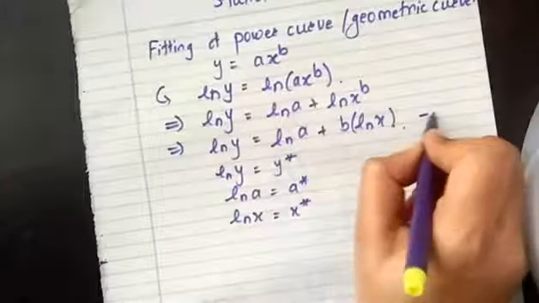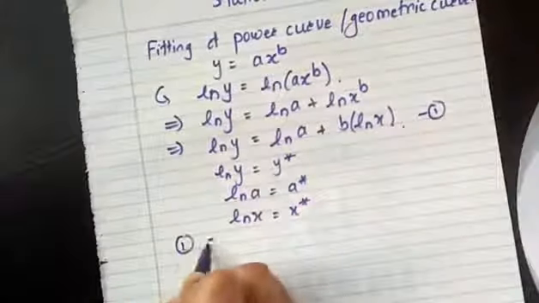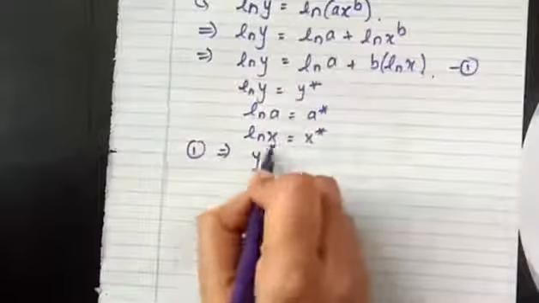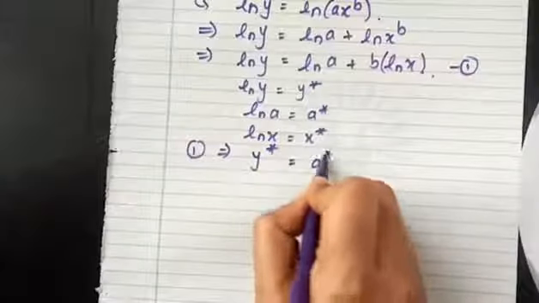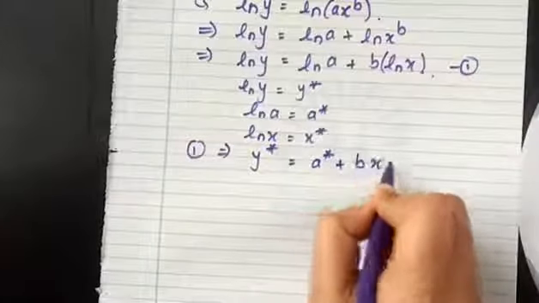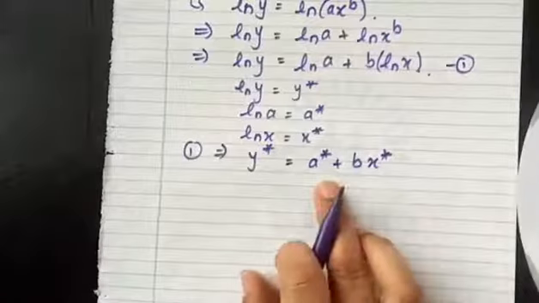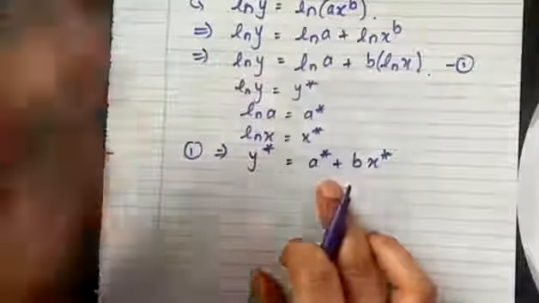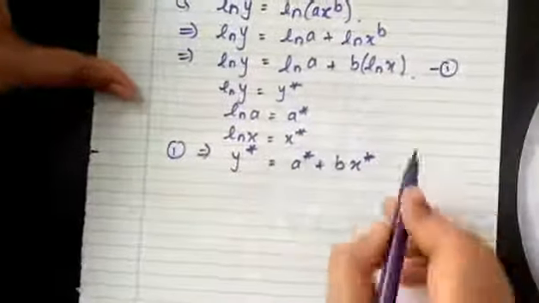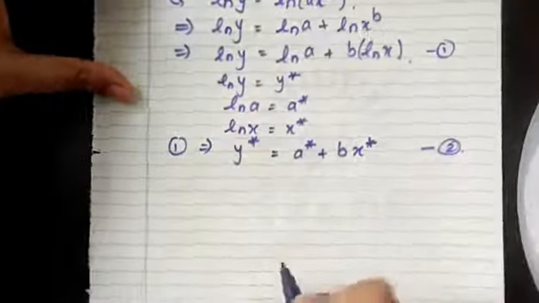So equation 1 becomes y star is equal to a star plus b into x star, which is a linear equation in x star and y star. So we can write its normal equation next.